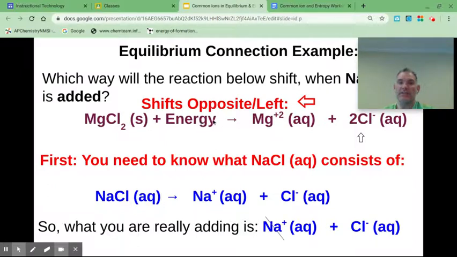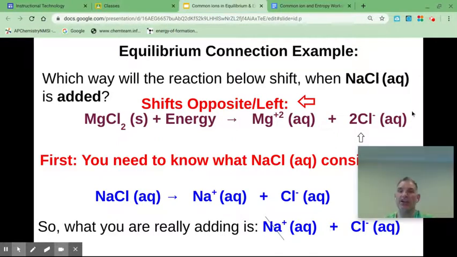So I'm going to cause precipitation to occur to make magnesium chloride solid, and I'm going to increase the amount of energy. Again, not hard to do as long as you know which reactions occur.